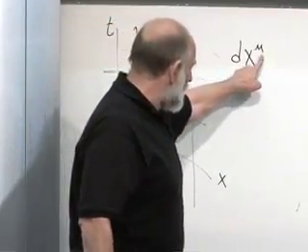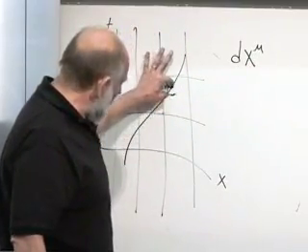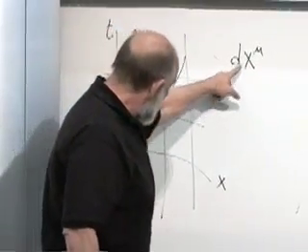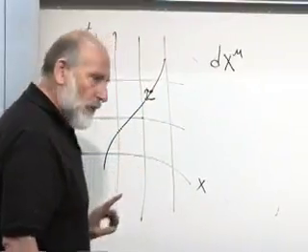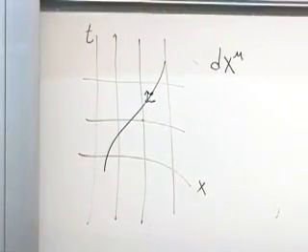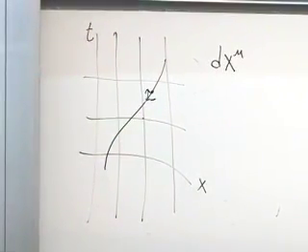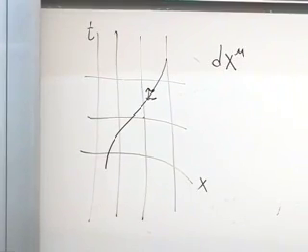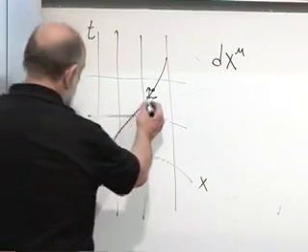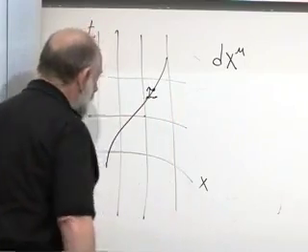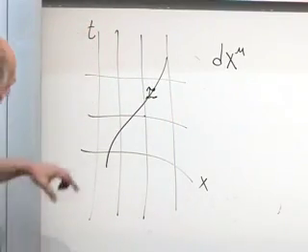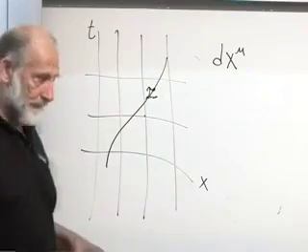So dx^0 represents the displacement along the time axis, dx represents the displacement along the x-axis, and dy and dz similarly represent little displacements. Right? So we have 4 of them. From here to here, there are 4 little differential distances along the world line of the particle.